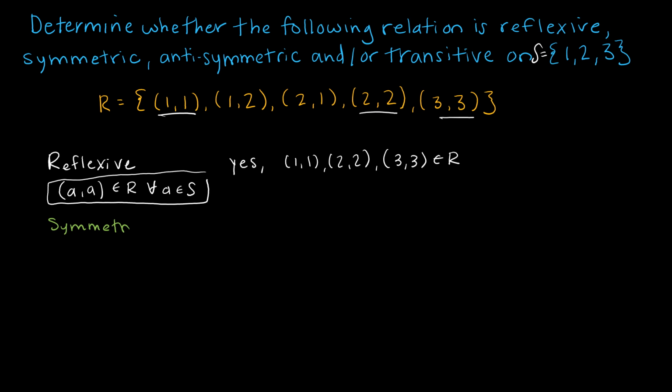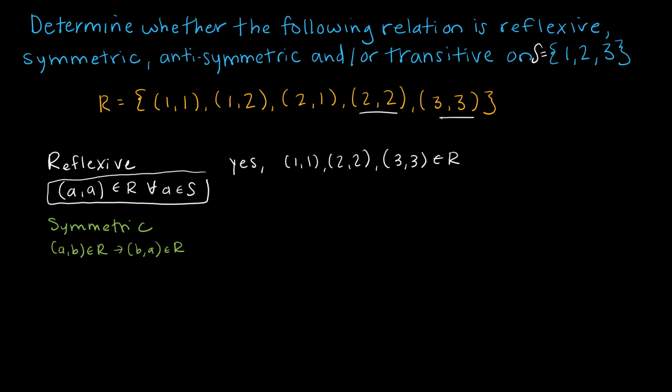The symmetric property says that if A and B is in the relation, that implies that B comma A is in the relation. So let's check. We have 1, 1, and if I switch the order, that's 1, 1, and that's in the relation.